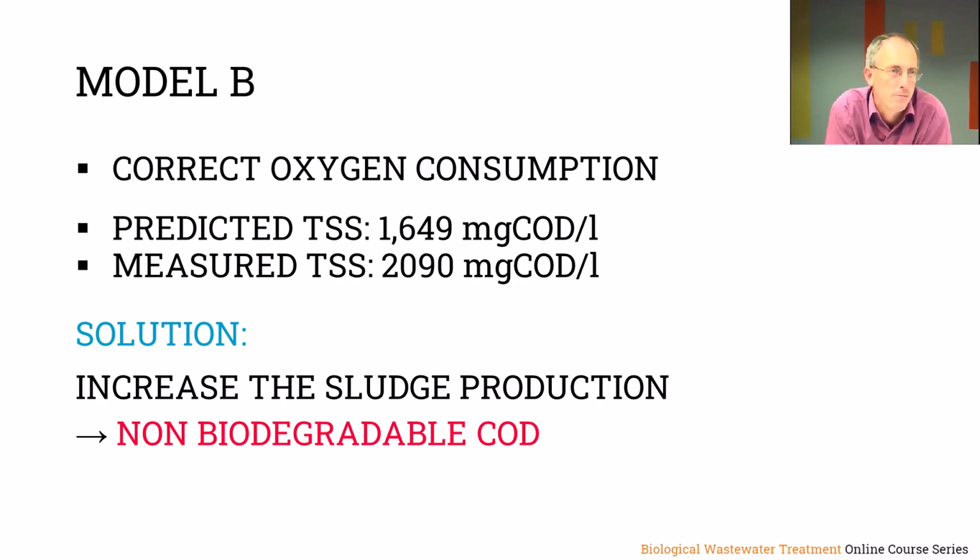And then if we think about wastewater, then we can quite easily imagine that a part of the compounds inside the wastewater are not biodegradable. For instance, all the plastics, maybe even the cellulose which is in the wastewater is not easily biodegradable.